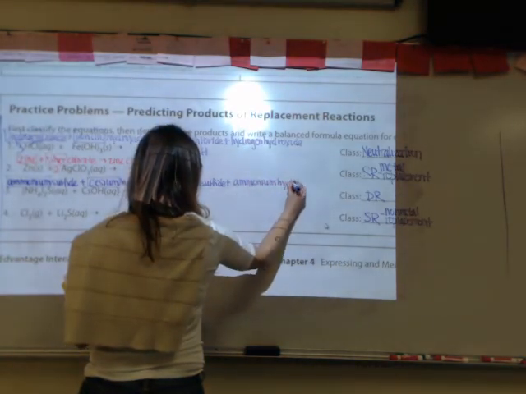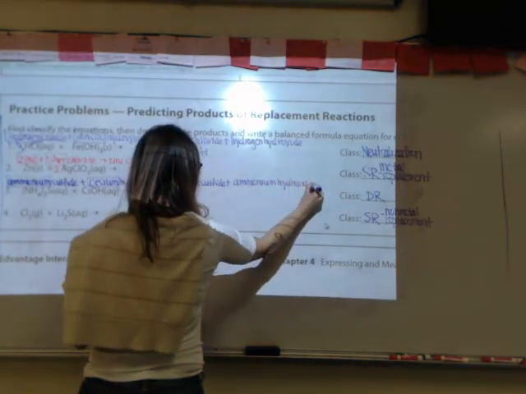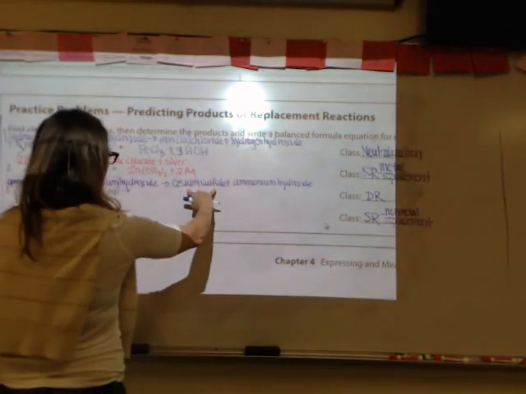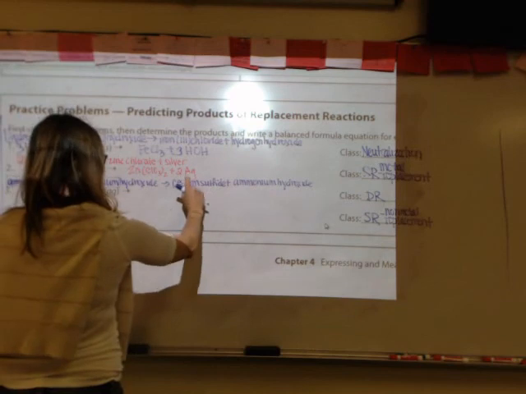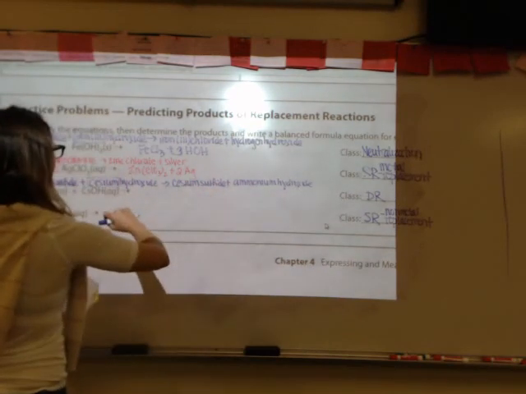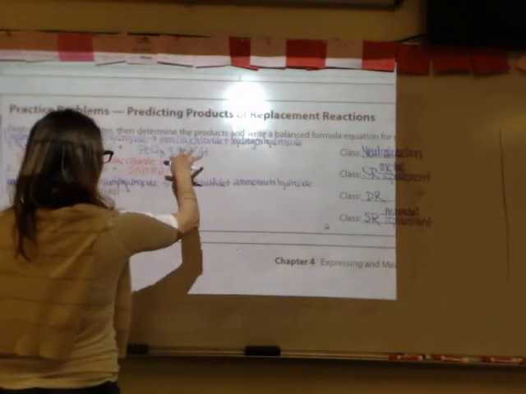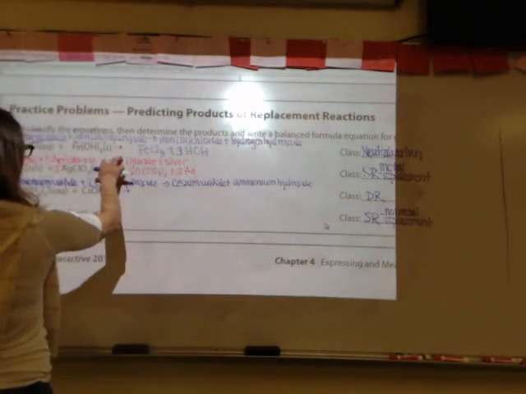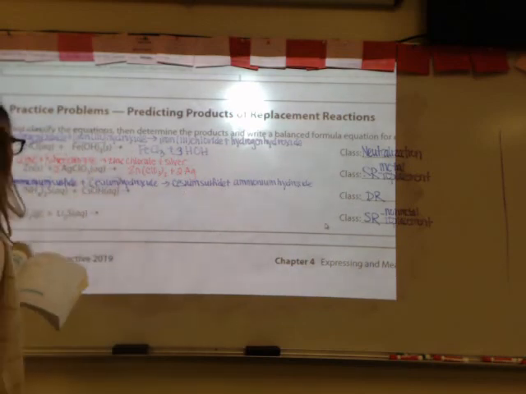One of the common questions I get is, does it matter the order that I write the products in? No, what matters is if you're writing an ionic compound, the cation has to go first and the anion has to go second. But it doesn't matter if you wrote ammonium hydroxide in front of cesium sulfide, and number two, it doesn't matter if you wrote silver first and then zinc chlorate second.